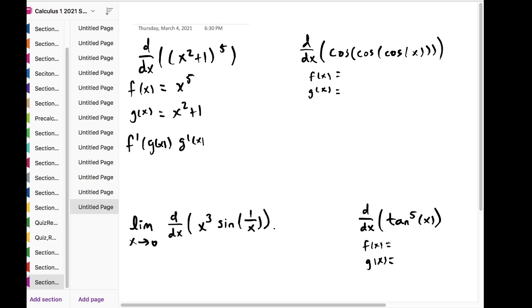We should find the derivative first. What's the derivative of x to the fifth? Yep, 5x to the fourth. And then the derivative of g.